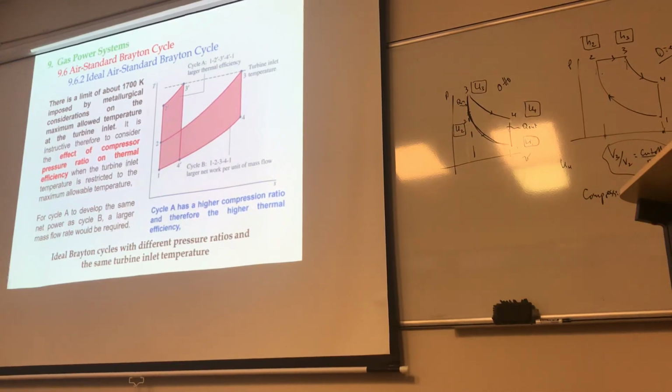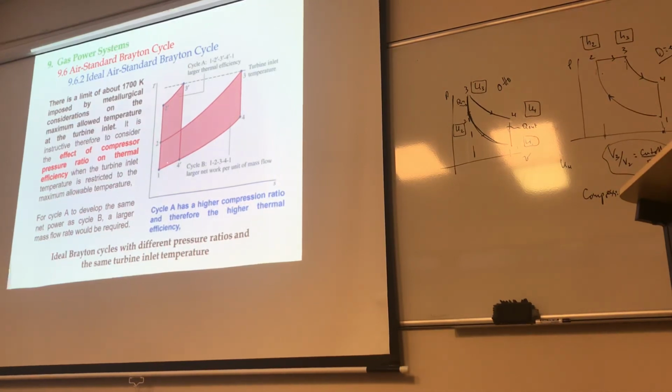You don't want those temperatures to be too high to interfere with the metallurgical capabilities, I guess, of the turbine components. So it says 1700. It is instructive, therefore, to consider the effect of compressor pressure ratio on thermal efficiency when the turbine inlet temperature is restricted to the maximum allowable temperature.